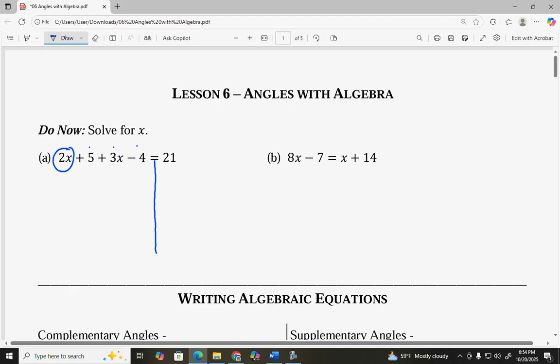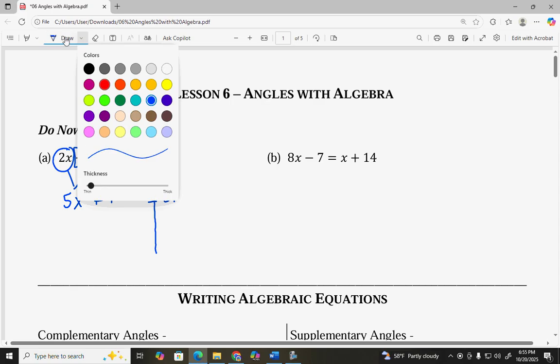So 2x combines with 3x, and that becomes 5x. Also, this positive 5 combines with the negative 4 and becomes a positive 1. The equal sign should stay on the line, and the 21 is on the right side. Now everything is as simplified as could be, so now we'll use our inverse operations.